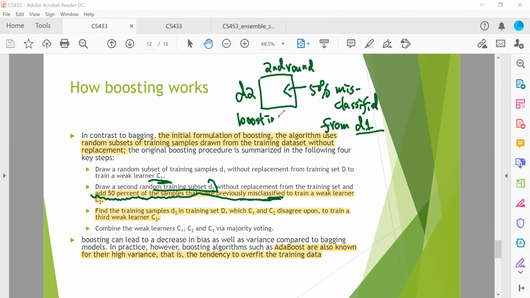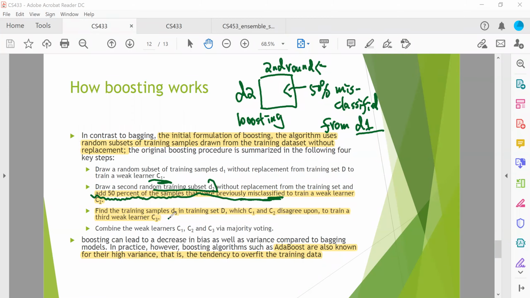Boosting, because the erroneously predicted samples got trained for the second round. So that's the idea.